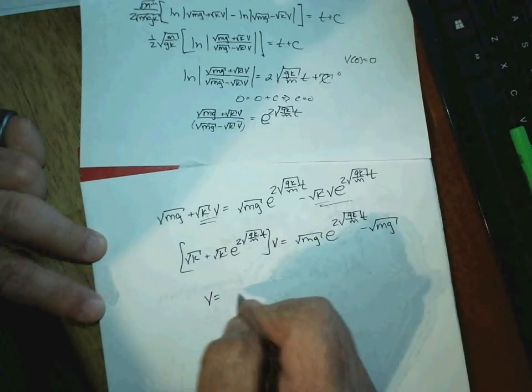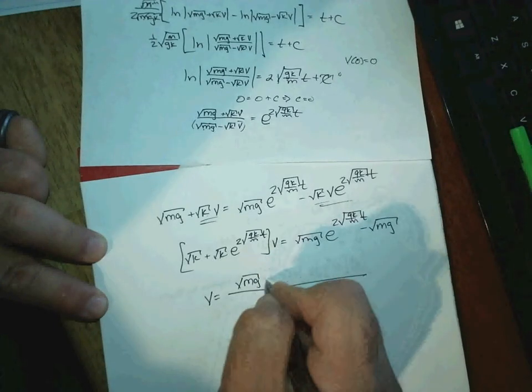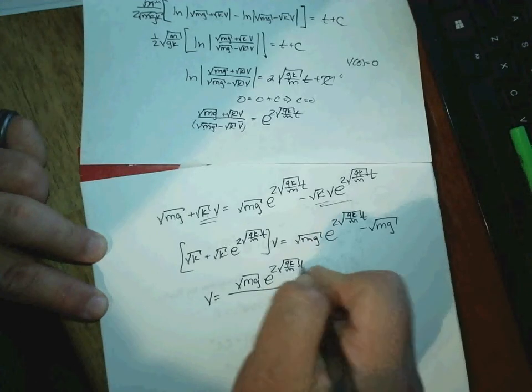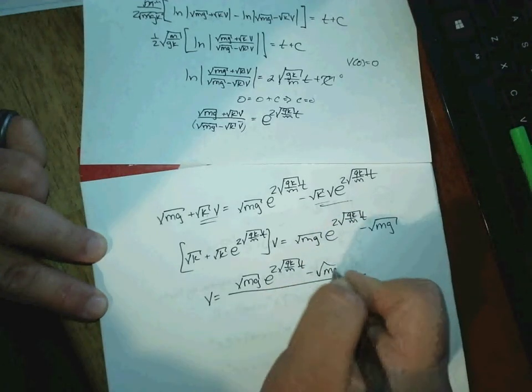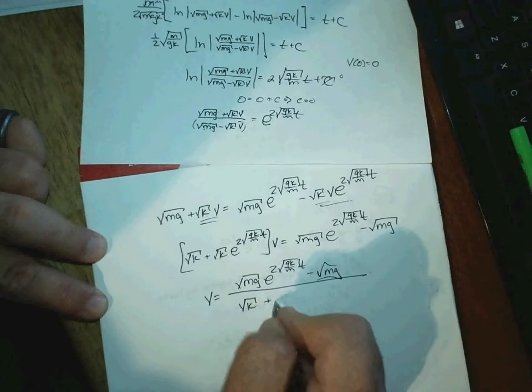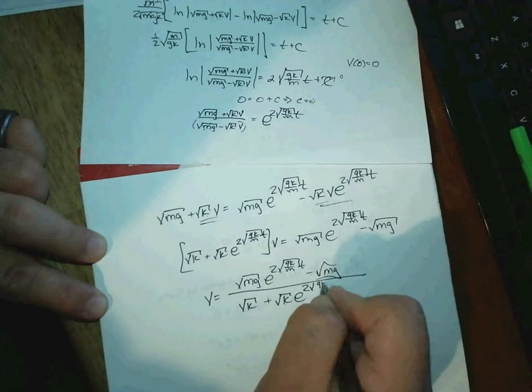Okay? So, finally, to get v by itself, I have to divide by this. All of this divided by this.